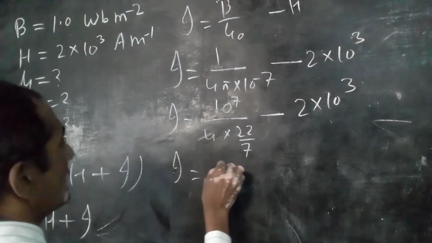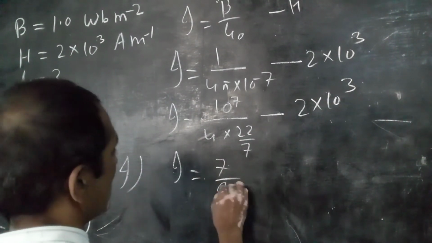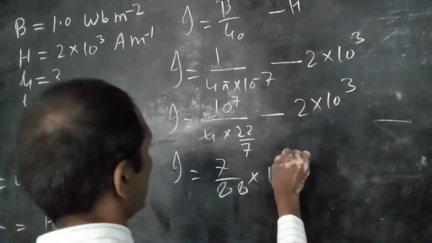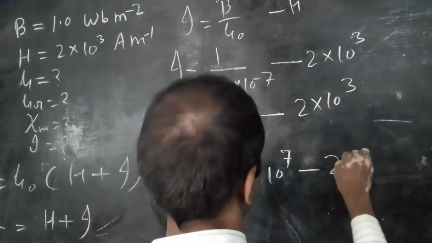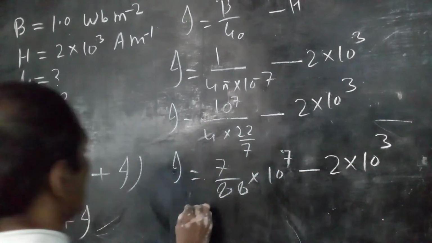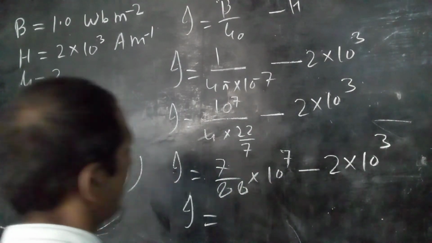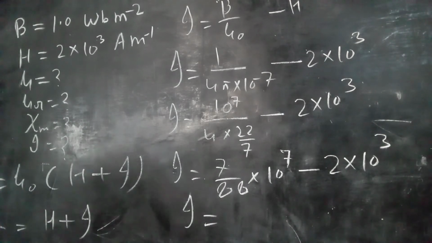So I is equal to 7 upon 88 into 10^7 minus 2 × 10^3.